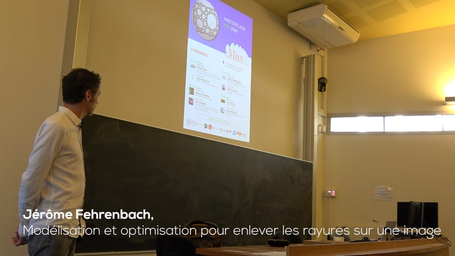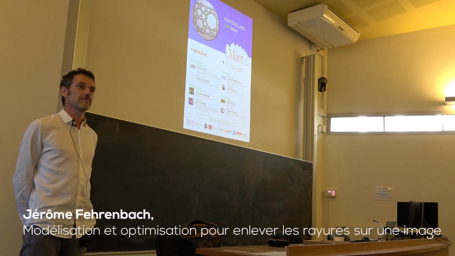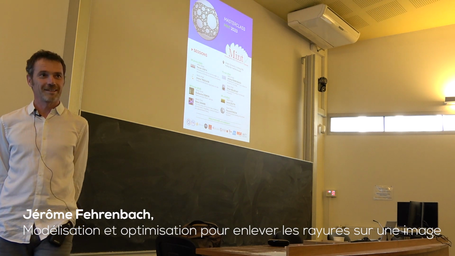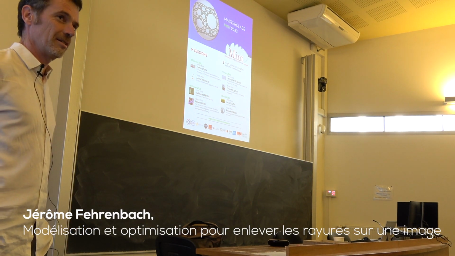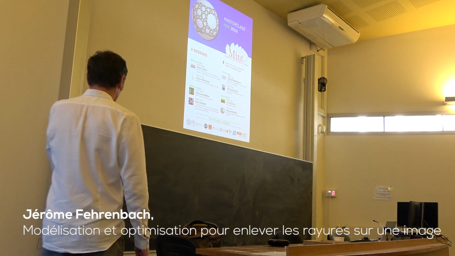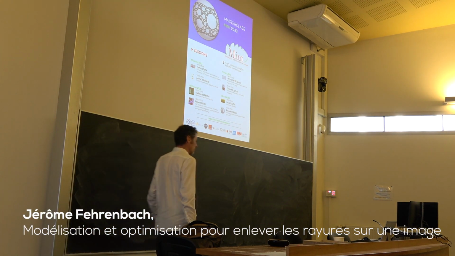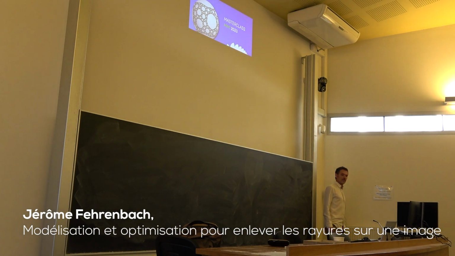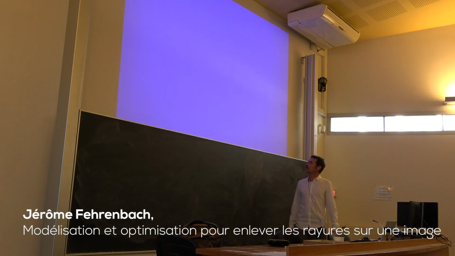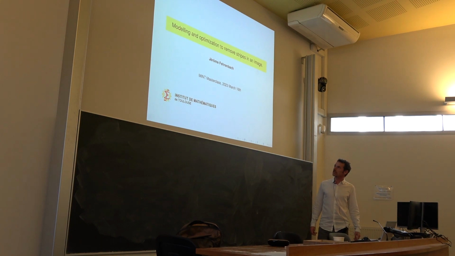Modeling and optimization to remove stripes on the image. In an image. Okay, thank you for giving me the opportunity to present some work. The title is in English, yes.